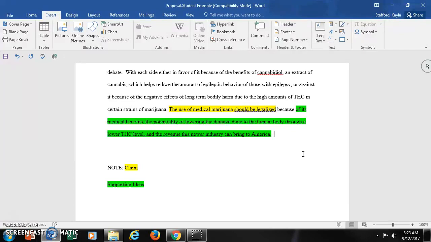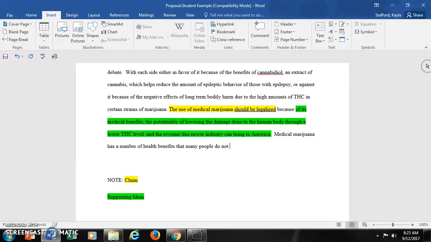We can simply state that medical marijuana has a number of health benefits that many people do not know about.